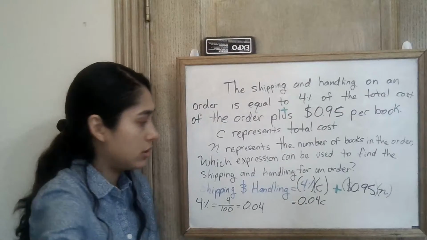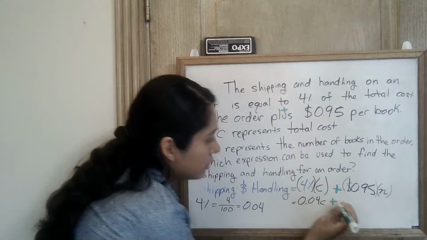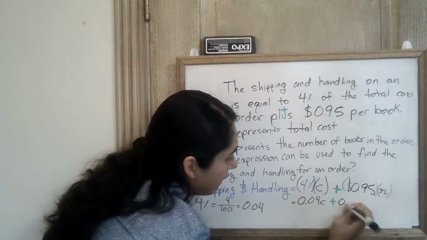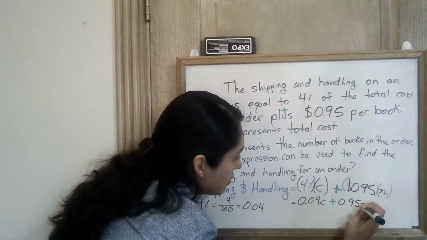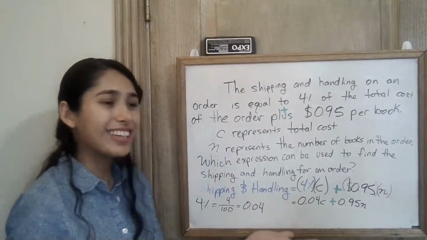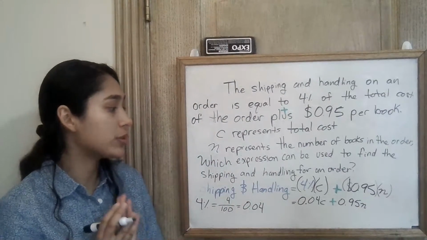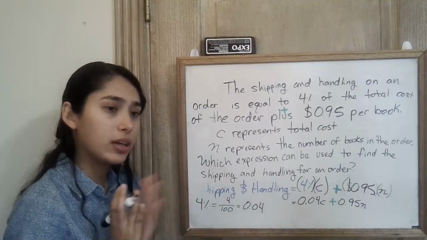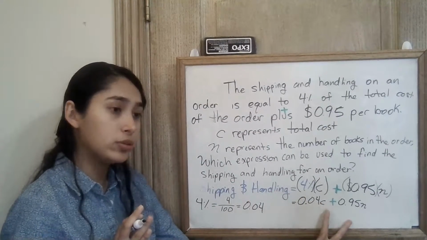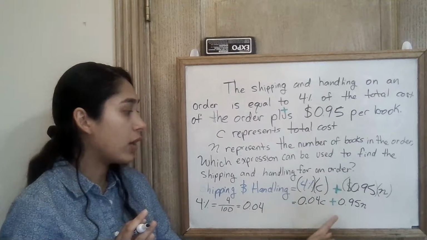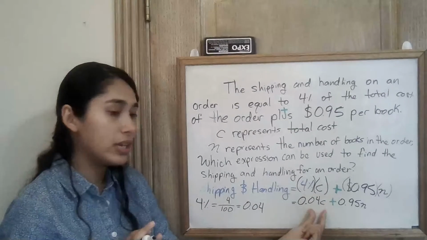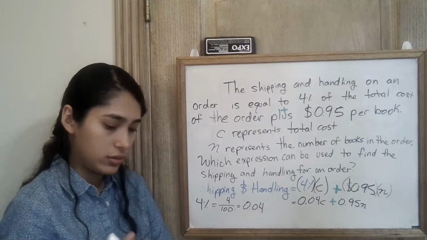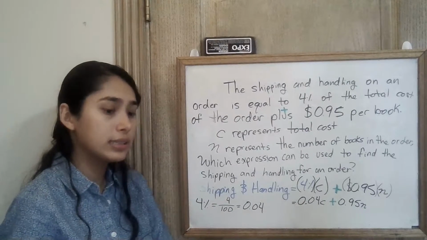Plus, let's just drop the dollar sign. And this is our expression. Now we know the relationship between the number of books, the total cost, and figuring out the shipping and handling cost. So here there's two variables. And actually we have the operation of addition here, but we also have multiplication going on right here. That's pretty neat.